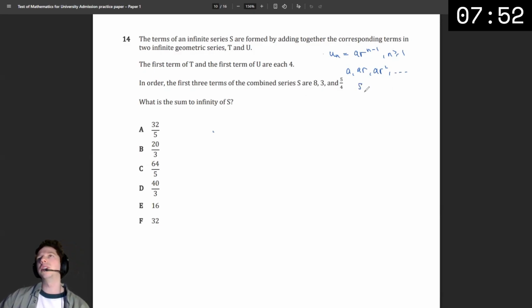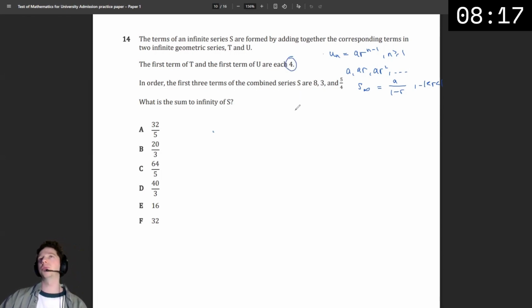And then the sum to infinity of something like that, as long as r has size less than 1, is a over 1 minus r. So that's as long as r is strictly between -1 and 1. Okay. So that's that.